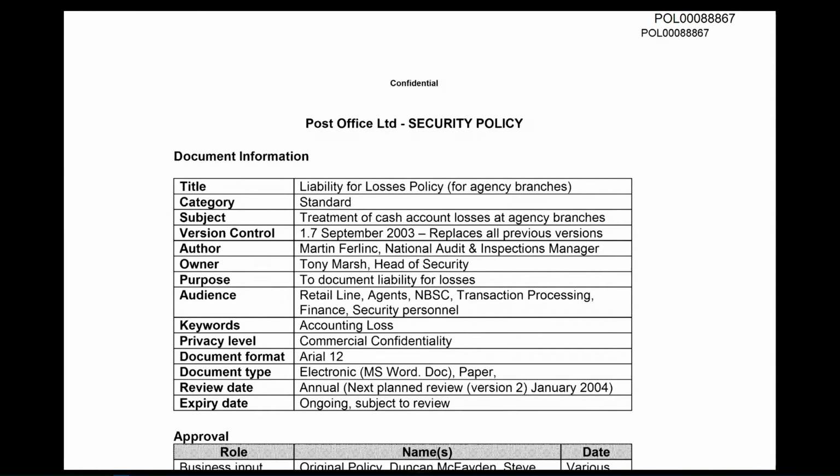Yeah. And can we just understand one other thing, which is the relationship between you as the National Audit and Inspections Manager and Tony Marsh, head of security. Does that mean that the audit and inspections part of POL at this time were under the auspices of head of security or security? Yes.